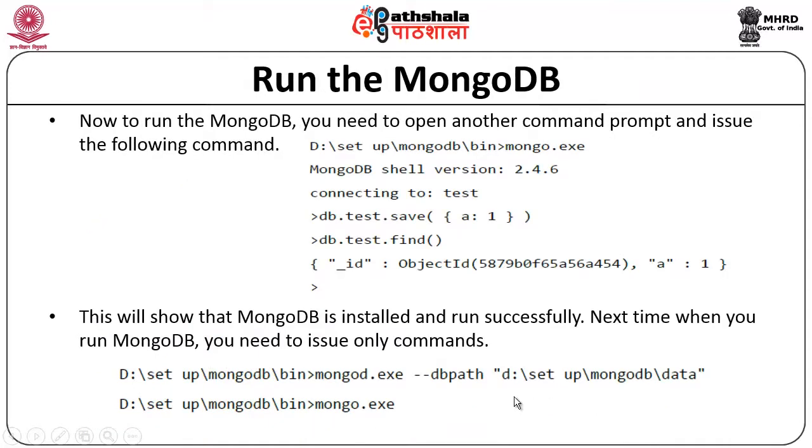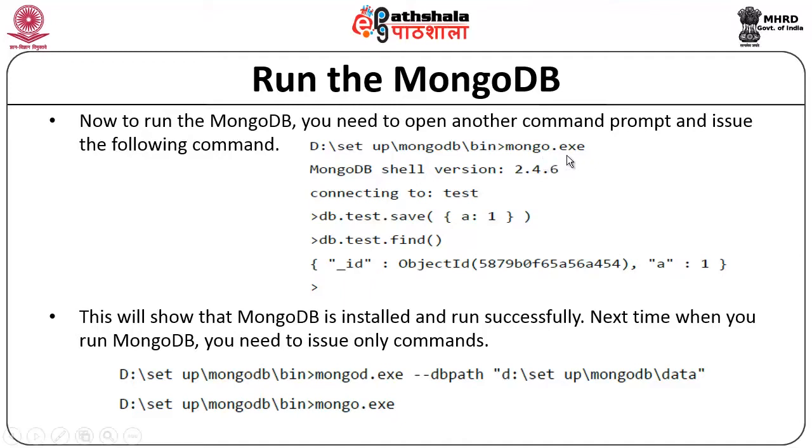Having set the path, you can run MongoDB once you open another command prompt. So, create a new command prompt environment and there you type the given command as shown in this slide: setup MongoDB/bin mongo.exe.